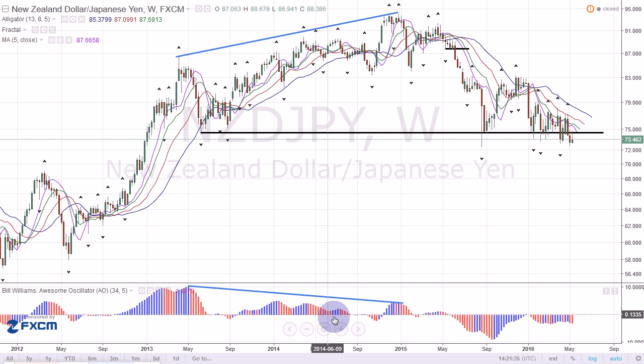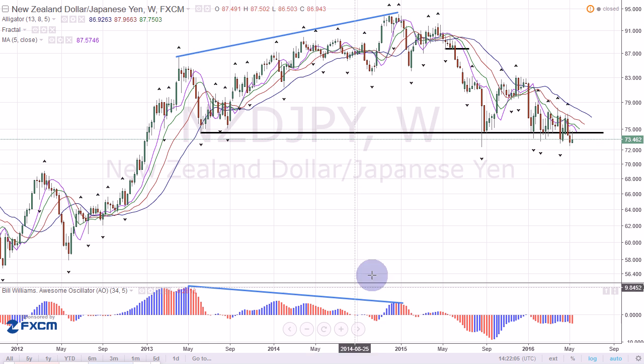Also, you have the momentum showing minor corrections where it does not go to the other side of this zero line. As the market keeps on moving higher, the momentum is also not going below the zero line. If you have a combination of this type of major and minor corrections and you can spot a divergence, you want to have a look at trading this market to the other side.